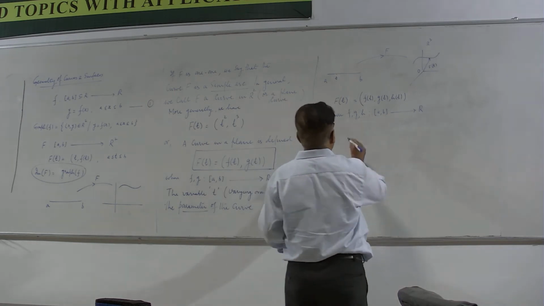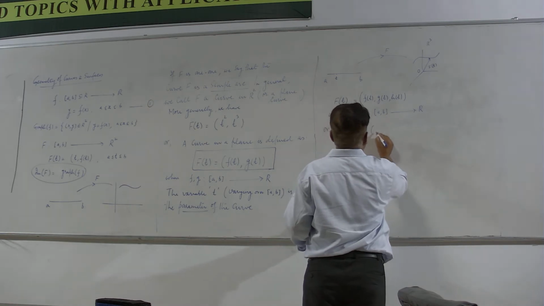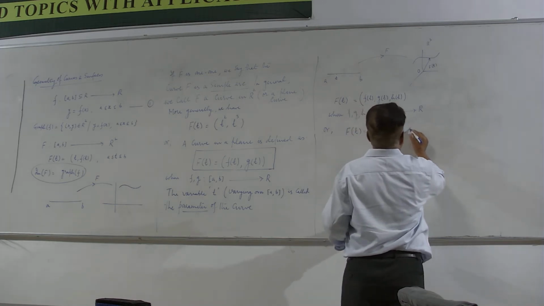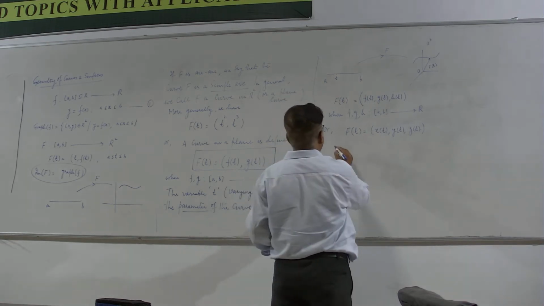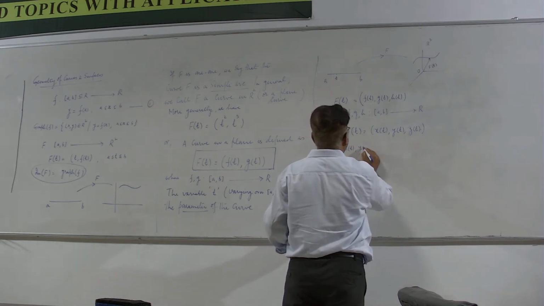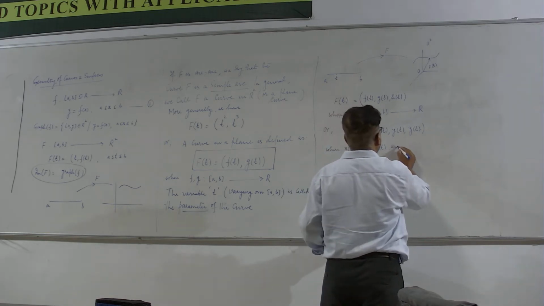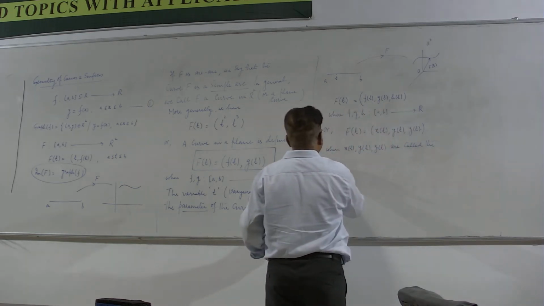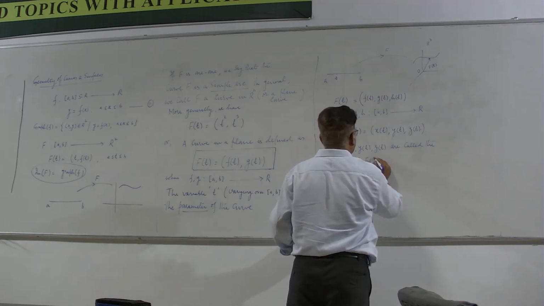So, we prefer to write it like this: F t equal to x t, y t and z t, where x t, y t, z t are called the components of F t.